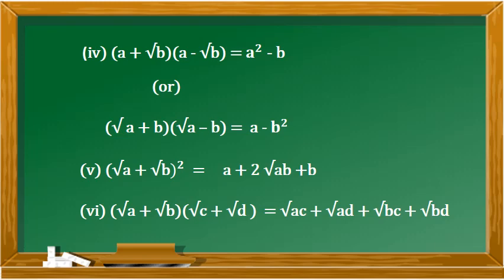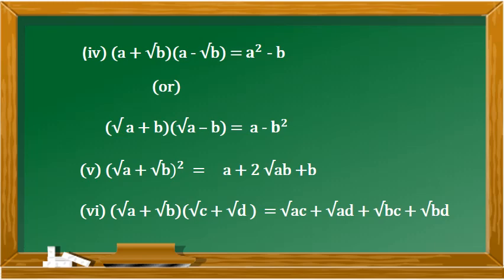So A square you write as it is, A square minus square root of B the whole square is equal to B. So you've got A square minus B. Or it can be the reverse of that, square root of A plus B into square root of A minus B. It will be the same, you will be getting A minus B square.